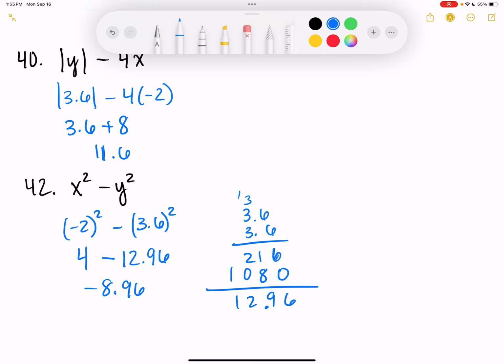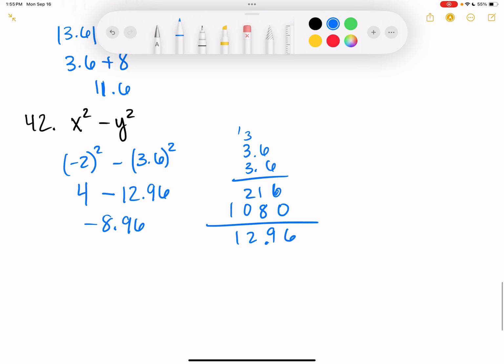All right, any questions on any of this? All right, you should have more than enough time to finish this.